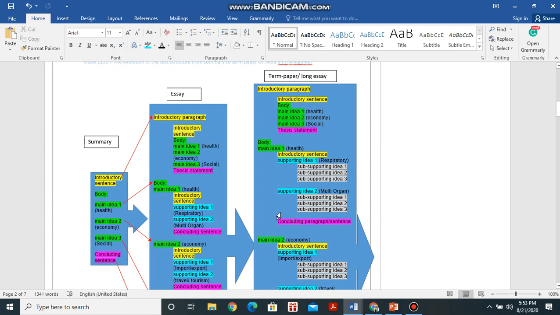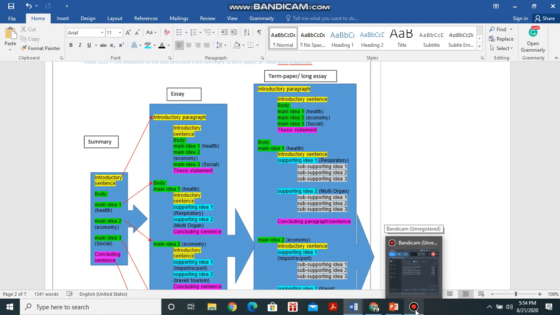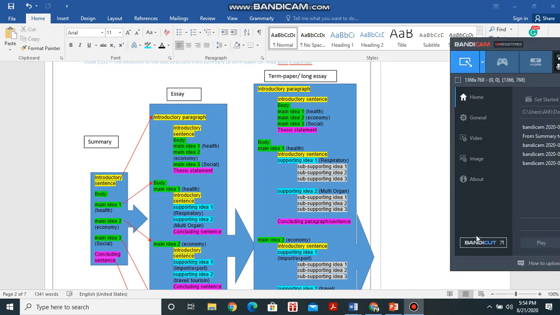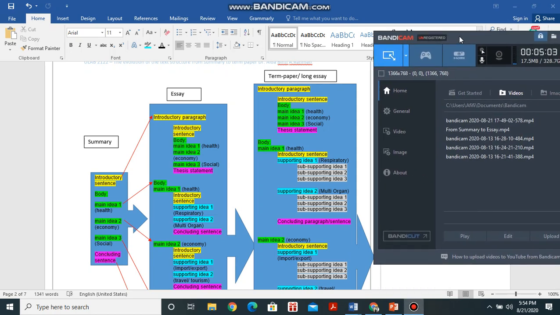You can conclude the first idea in one paragraph, or you can write in one sentence. So if you want to write in one sentence, then you can just write it after supporting idea 2. But if you think that there is a need for you to write it out in one paragraph, then go ahead and write in one paragraph.